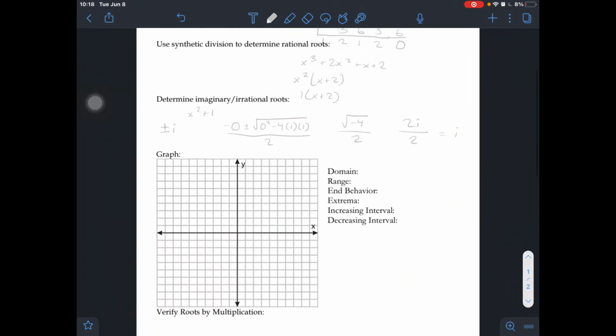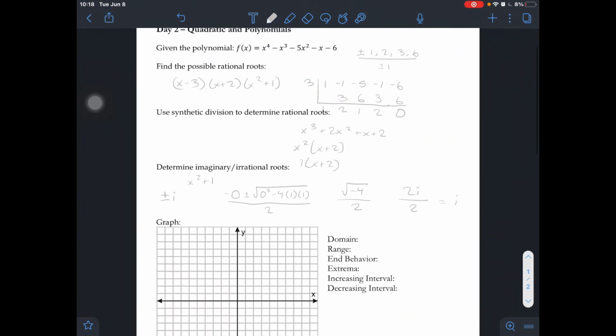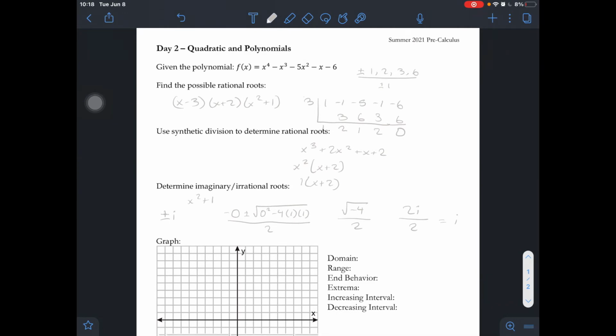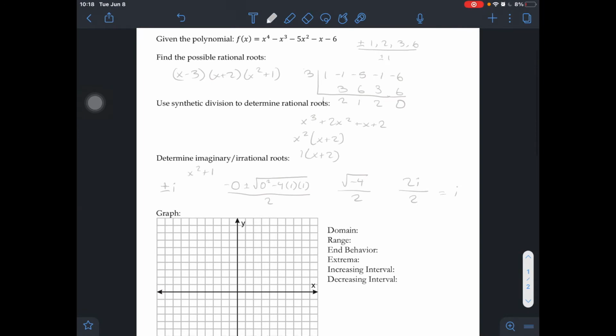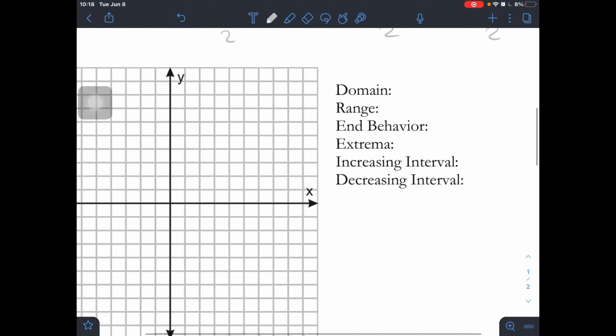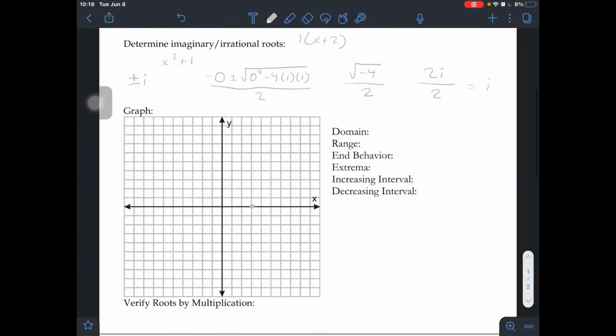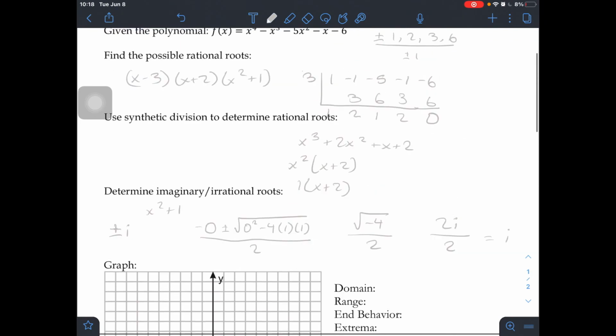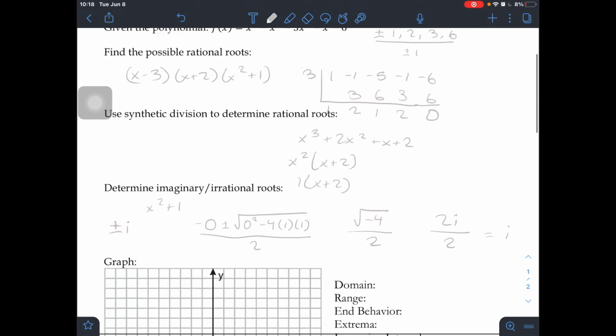And it appears we also have to graph this. So since it appears that we have x minus 3, that would be right here. And since it is to the power of 1, we know that it's going to be going through.